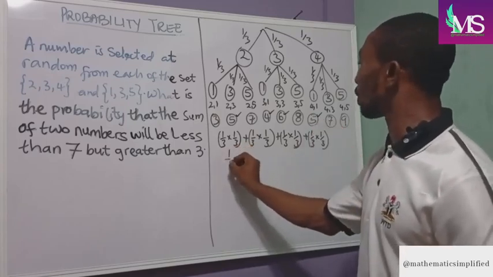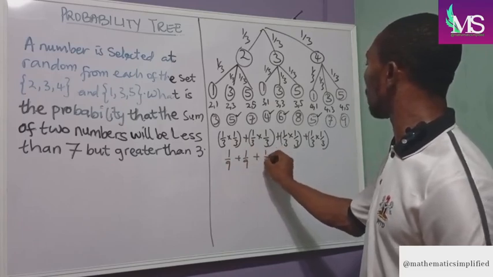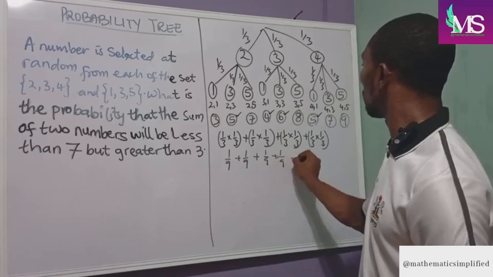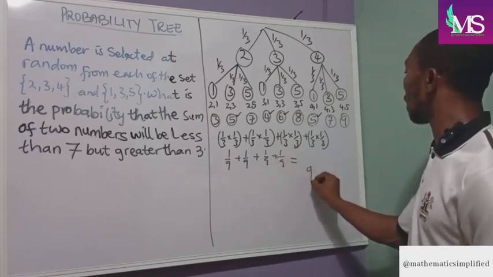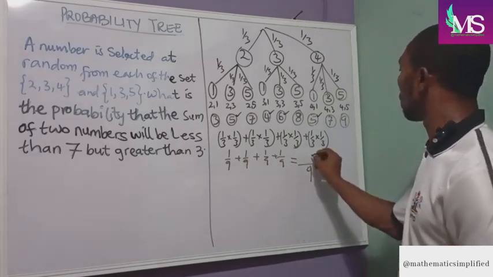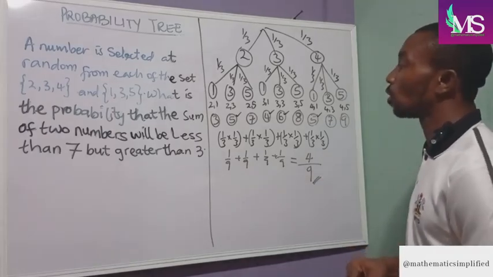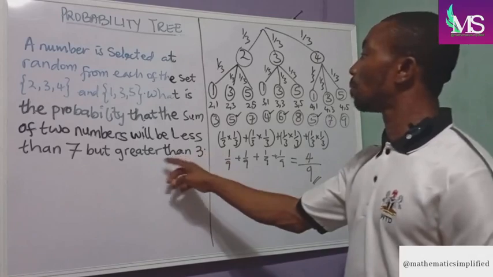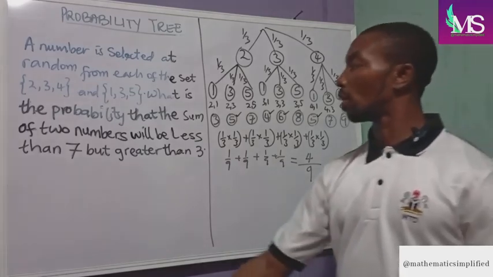So this will give us 1 over 9 plus 1 over 9 plus 1 over 9 plus 1 over 9, which at the end of the day, since our LCM is 9, this will become 4 over 9 as our answer. So the probability of getting a number less than 7 but greater than 3 will be 4 over 9.